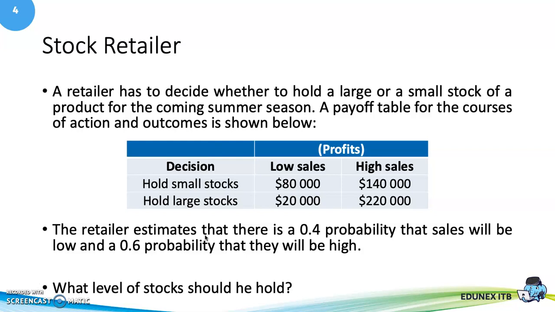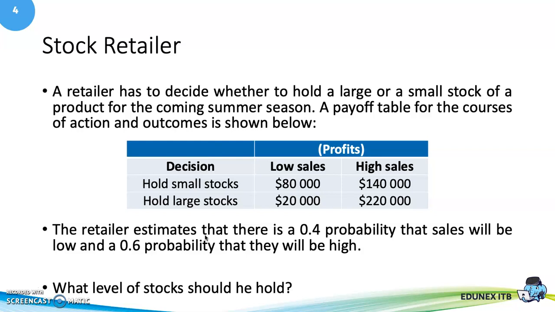If the low sells and you hold the small stock, then you get the profit $80,000. While if you hold the small stock and the high sells, then you get profit about $140,000.